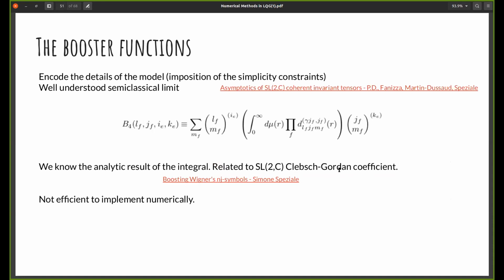However, implementing that specific form of the booster function, so the booster function in terms of SL(2,C) Clebsch-Gordan coefficients, is very inefficient numerically because it's made of a lot of sums of analytically continued gamma functions that are very hard to code.